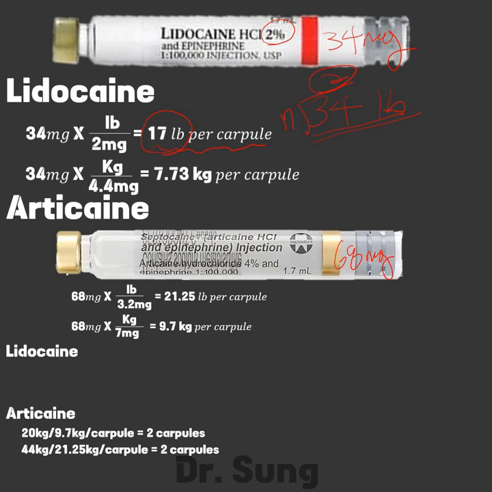But in kilogram, it is 7.73 kilogram per carpule. So this is the calculation that we do with the carpule, because we have calculated 34 milligram in the carpule, times 1 pound over 2 milligram, which is for the lidocaine.